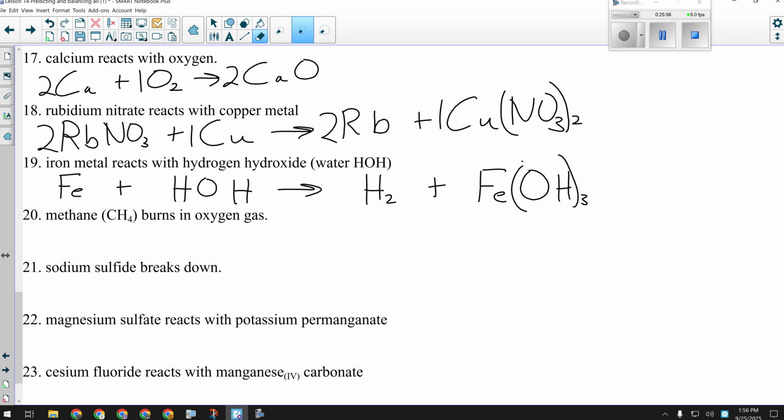So I've got 3 hydroxides, but if I just put a 3 here, I can see I'm going to have a problem with that hydrogen. What's the lowest common multiple of 2 and 3? 6. Okay, so I'm going to put a 6 here, a 3 there, and 2 there. That should balance all the hydrogens and hydroxides, and then a 2 there should balance the iron. Okay, the tricky part of that one is actually the balance.